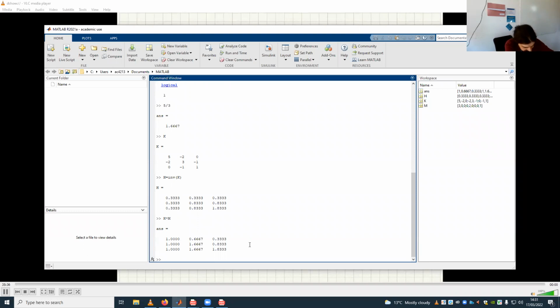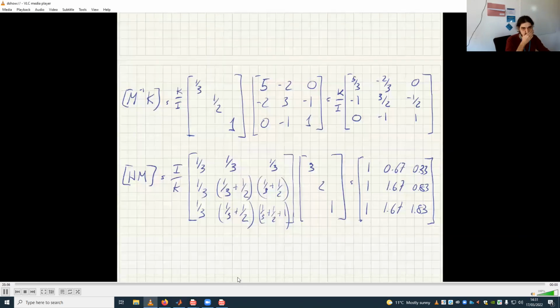And this is 1.67, 1.67. And this is 0.33, 0.83, and 1.83. Okay, I have them here. And now I can start.